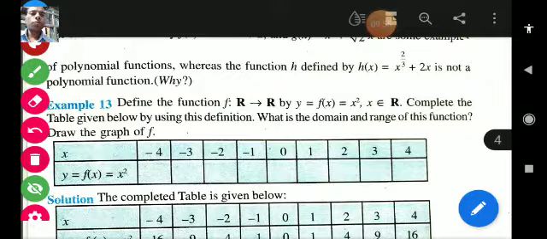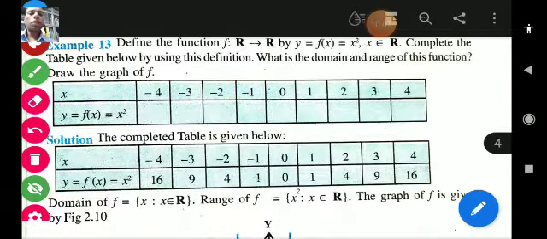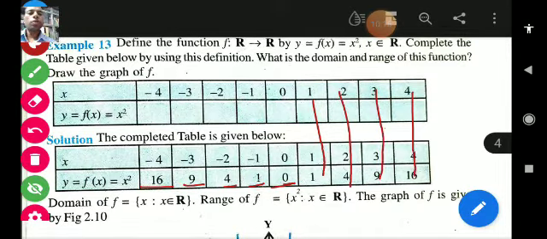If you put x equal to minus 4, you will get 16 here. All will be positive numbers. In place of -3 it will be 9, then 4, then 1, then 0, then 1, 4, 9, 16.